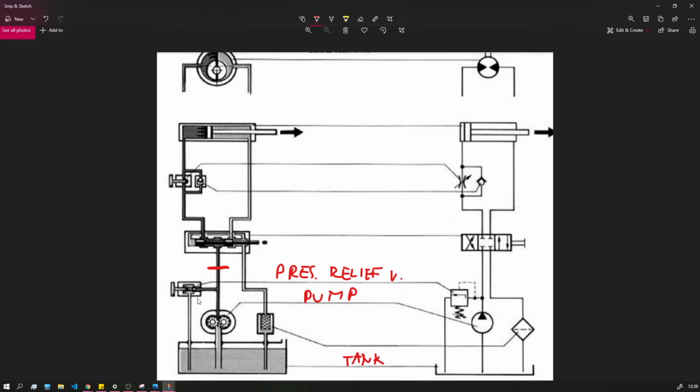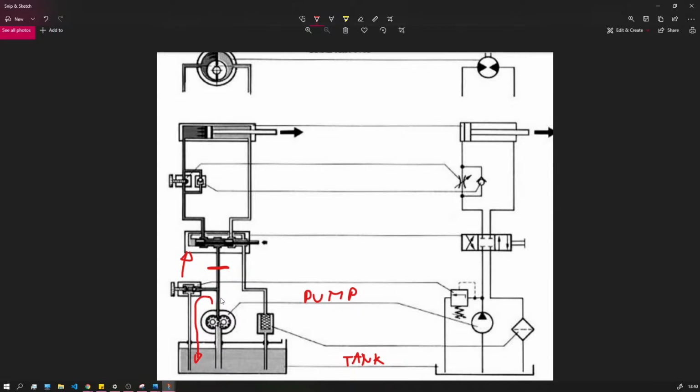If the pressure rises to the set pressure on the relief valve, for example 120 bars, the valve opens and protects the system from sudden rises in pressure, sudden stops, sudden movements, whatever may cause a pressure to rise.